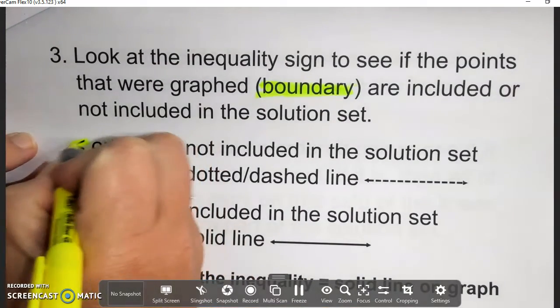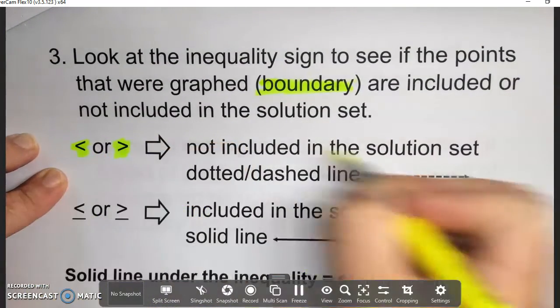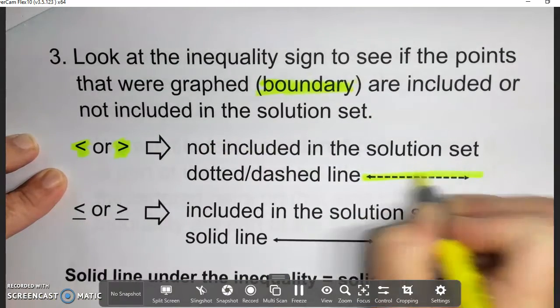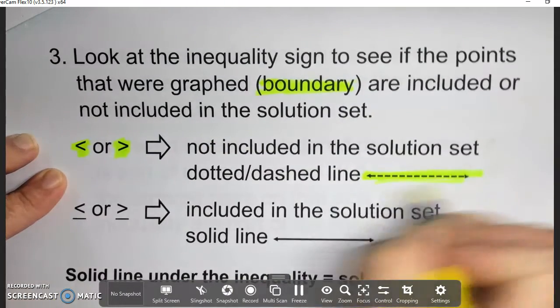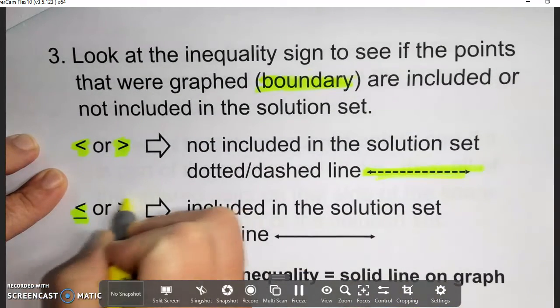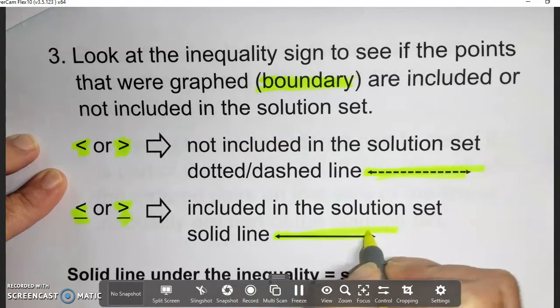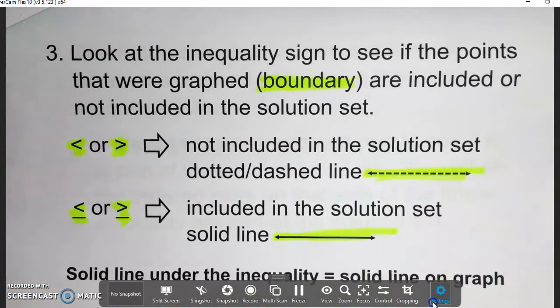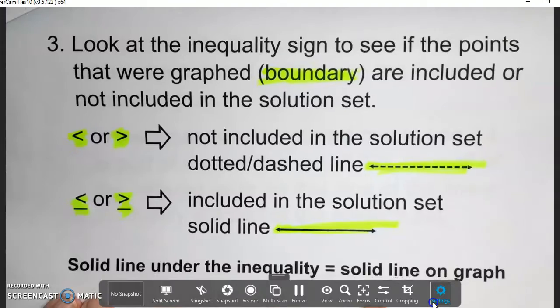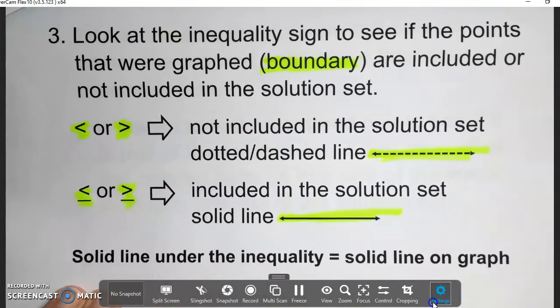So if you have less than or greater than, you're going to have a dotted line. And if you have less than or equal to or greater than or equal to, you're going to draw a solid line. Okay? Solid line under the inequality means a solid line on your graph.